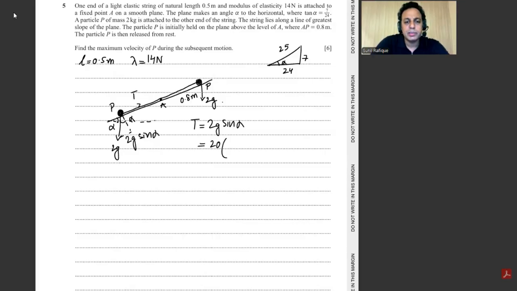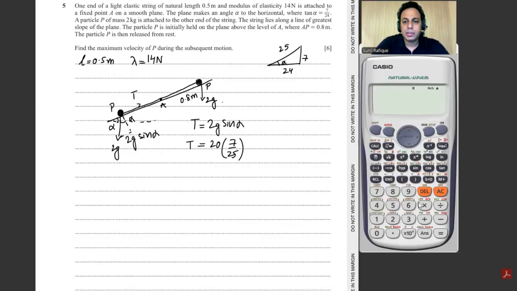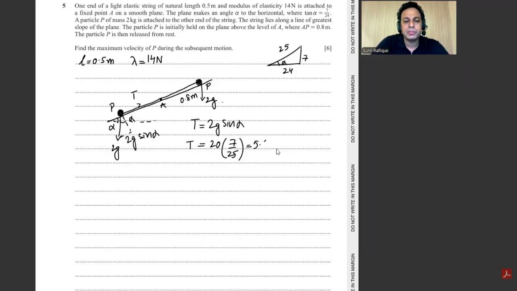That's going to be 20 times 7/25, and that is 5.6 Newton.